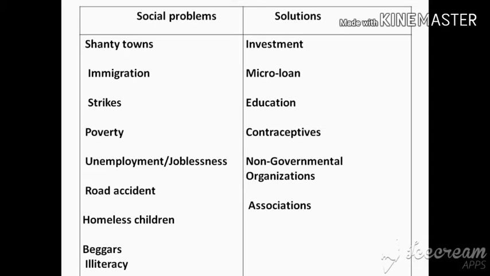So as you can see in this chart, we have some social problems like shanty towns, immigration, strikes, poverty, unemployment or joblessness, road accident, homeless children, beggars, illiteracy, and some suggested solutions like investment, microloans, education, contraceptives, non-governmental organizations, and associations.